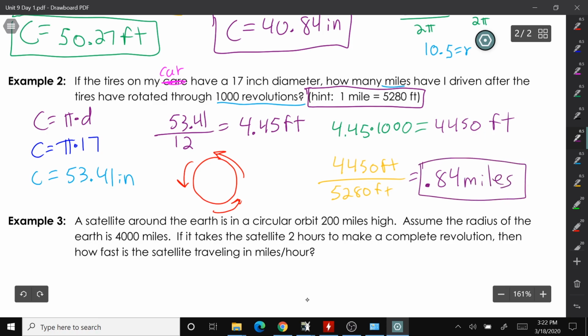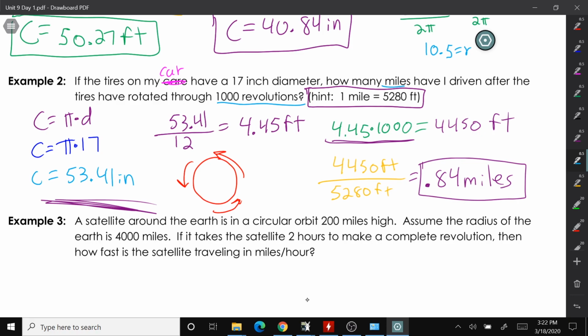So to kind of recap, we first had to find the circumference of our tire, which we did on the left side over here. Then we had to figure out how far the tire moves in 1,000 revolutions. So that's why we multiplied by 1,000. And then we divided that by how many feet are in a mile to convert that to miles.